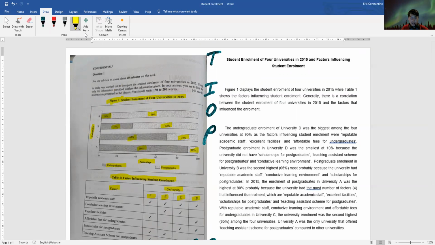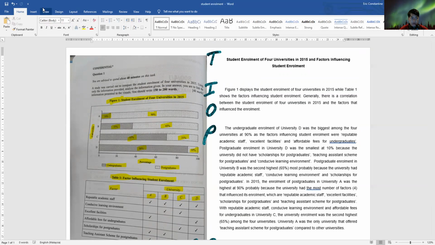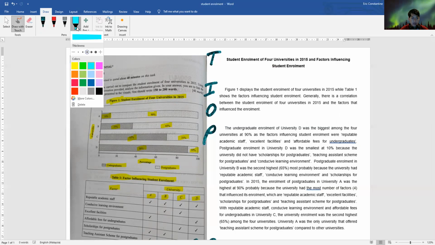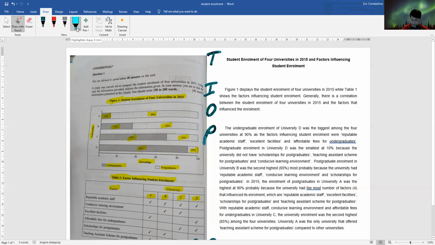Okay, so let's use the highlighter once again. Now, very straightforward. When you look at the topic here, the student enrollment of 4 universities in 2015. So just use a different color for the time being, so that it's easier for you to see. Let me just remove this part here. Now student enrollment of 4 universities in 2015.